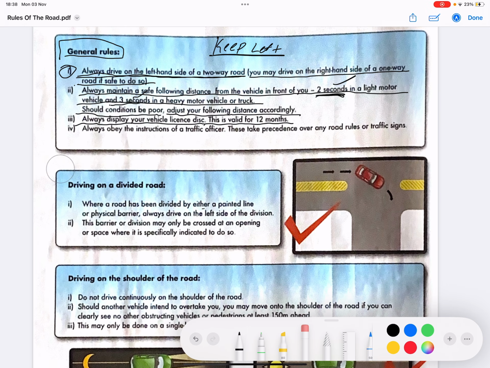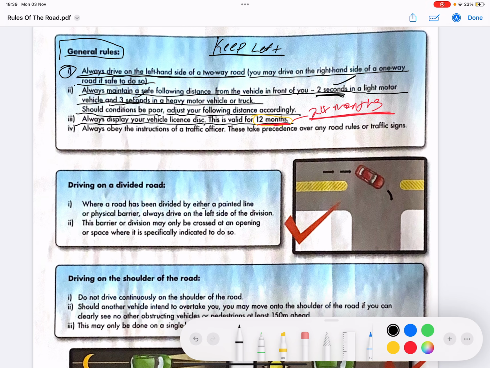You must not confuse these 12 months of the license disc with the 24 months of your learner's license. The learner's license is valid for a period of 24 months. The license disc of your vehicle is valid for a period of 12 months. So the two are very different.